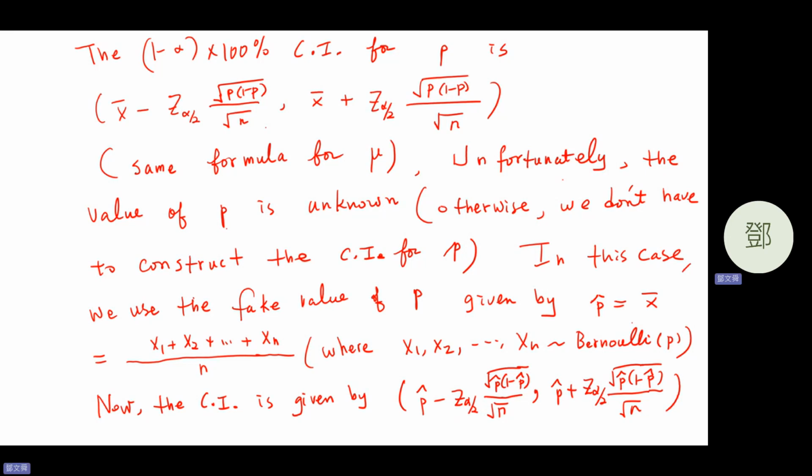And the upper term here is the formula for sigma, because this is a Bernoulli random variable. The sigma of a Bernoulli random variable is the square root of P times 1 minus P. Understand? So it is exactly the same as the formula for mu.